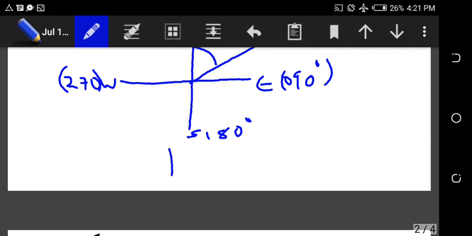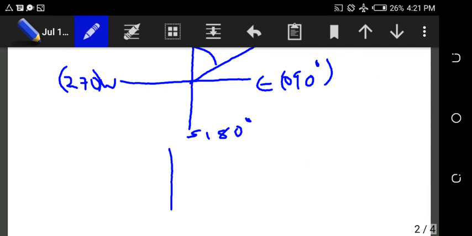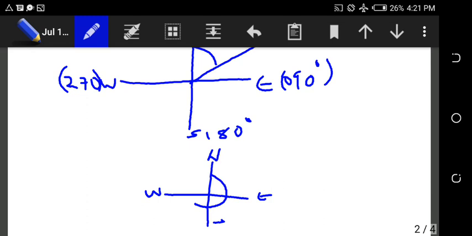We can also have another case here. You still have your north, your east, your south, and your west, and someone set out from this point. That could be about, let's say, 220 degrees.